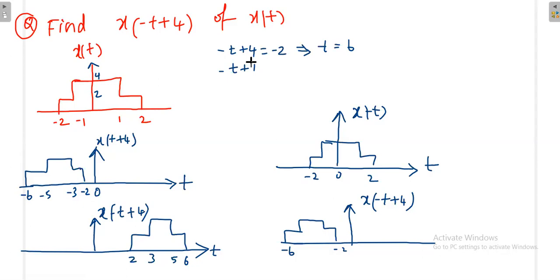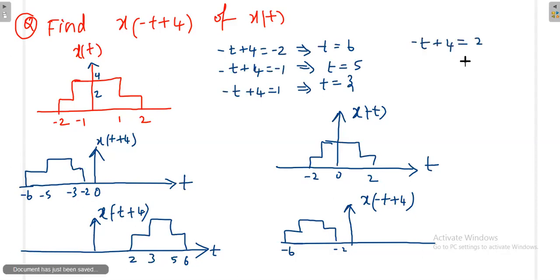Minus t plus 4 is equal to minus 1, then t is 5. Minus t plus 4 is equal to plus 1, then t is equal to 3. Similarly, minus t plus 4 is equal to 2, then t is equal to minus 2.